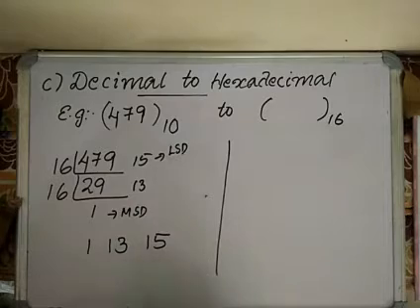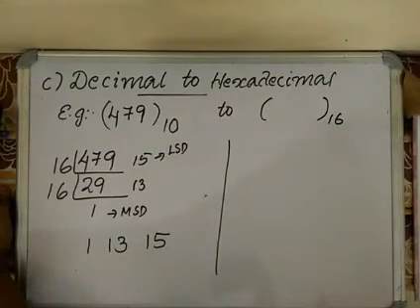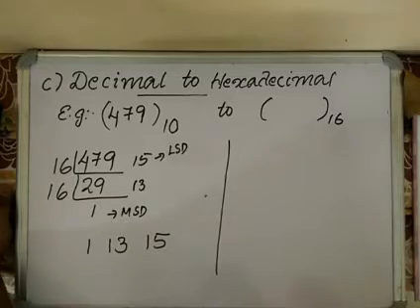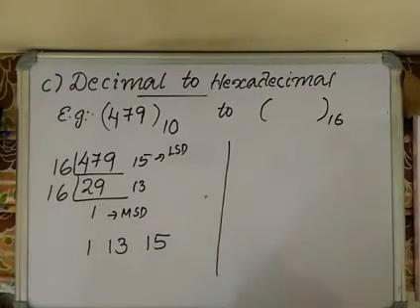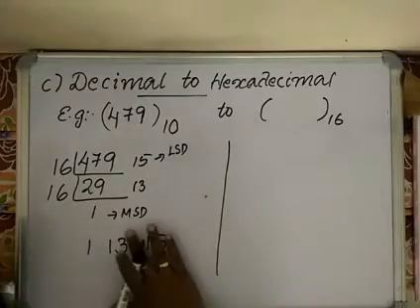Okay, but we will not write like 13 or 15 because in hexadecimal, after digit 9 we have alphabets A to F to represent the values 10 to 15. So what is the hexadecimal numeral for 13?